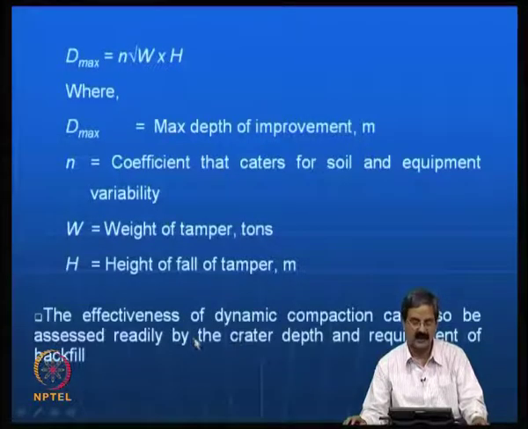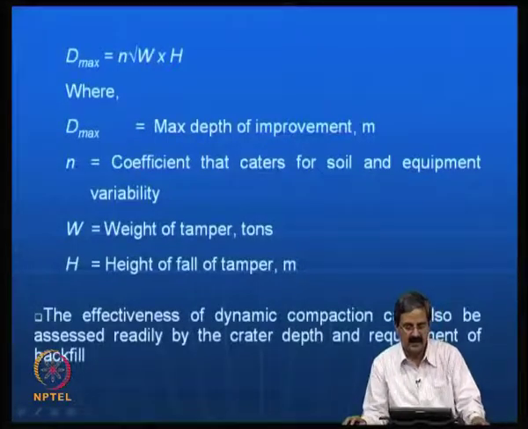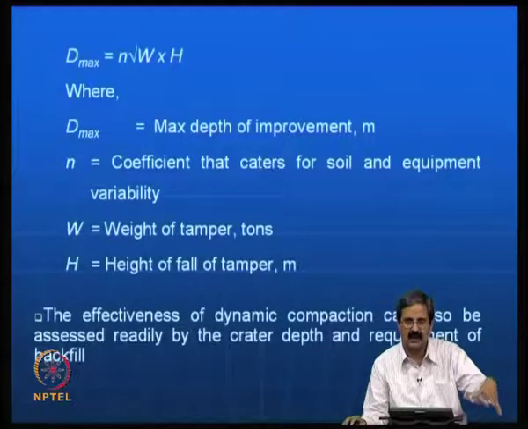Okay. Another point that we would like to make is that if you want to compare the effectiveness of the dynamic compaction, we use this particular terminology. For example, the crater depth may have gone by about half a meter in one case, and in another case it could be only 25 centimeters.